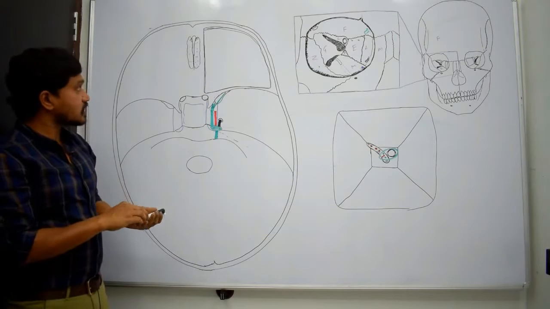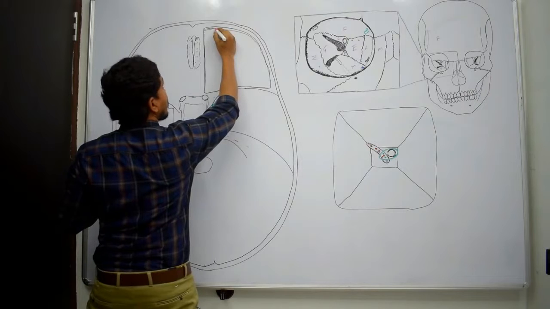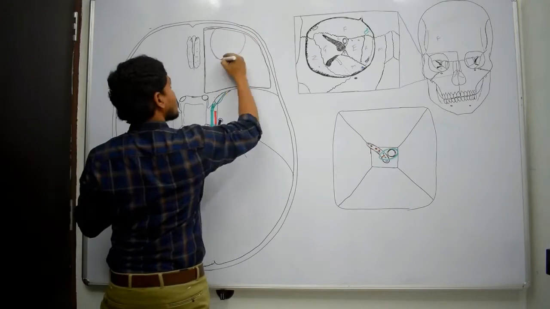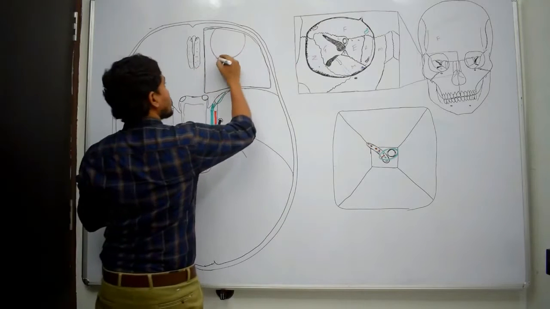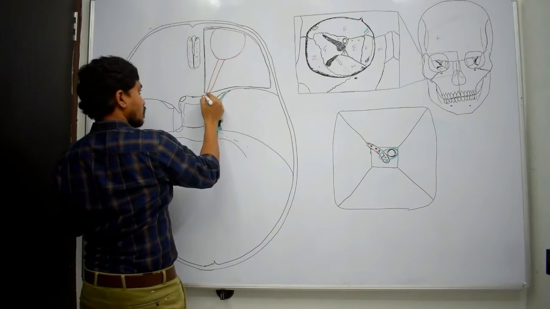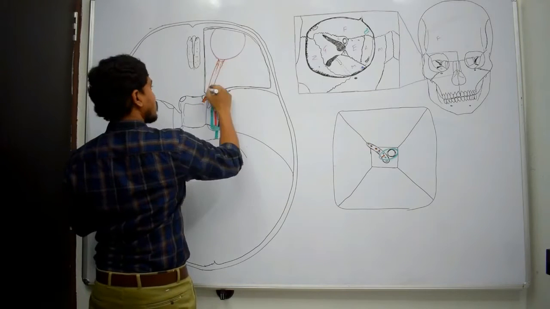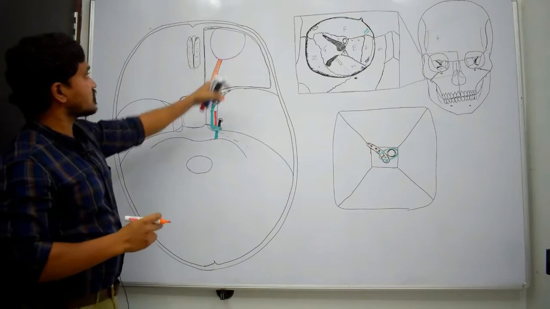What is the main structure present here? Here you can see the eyeball. Then at the posterior pole of the eyeball there will be the optic nerve. So this is the optic nerve.